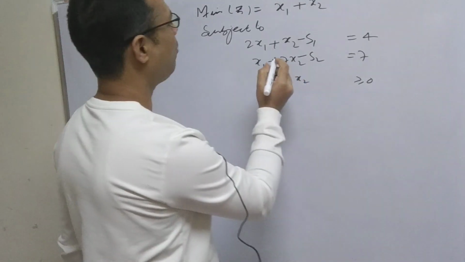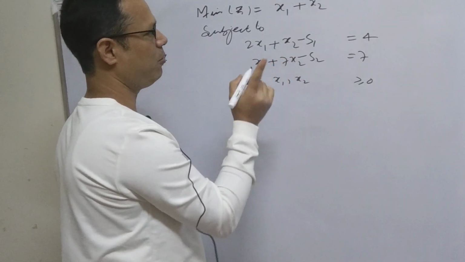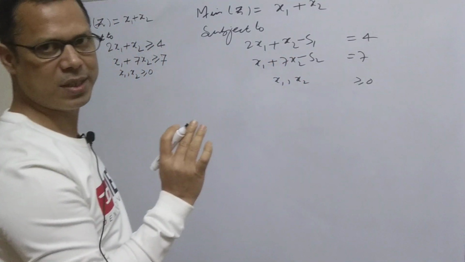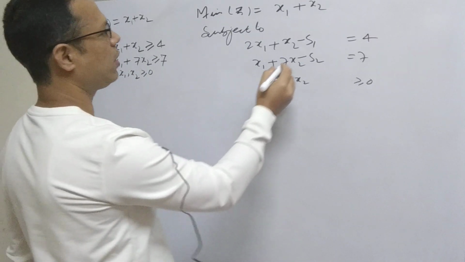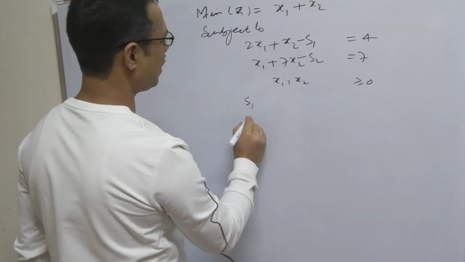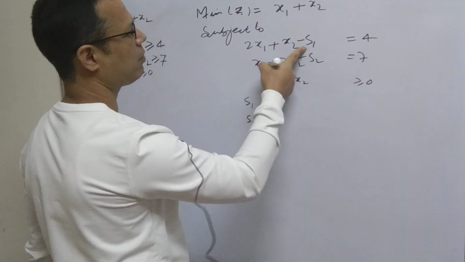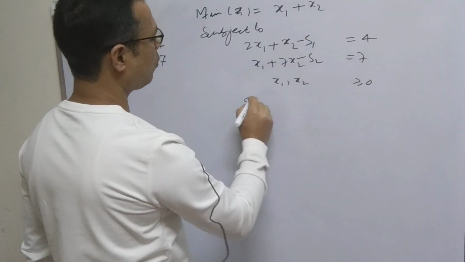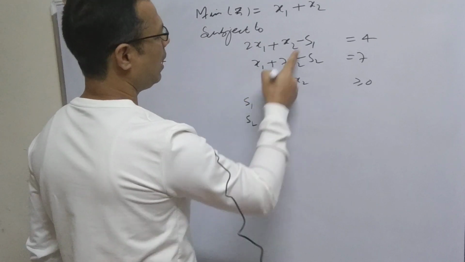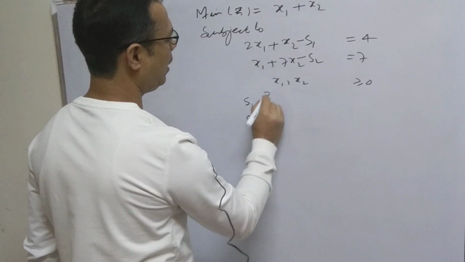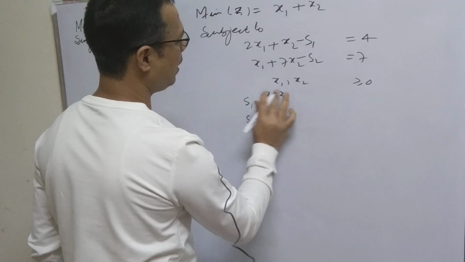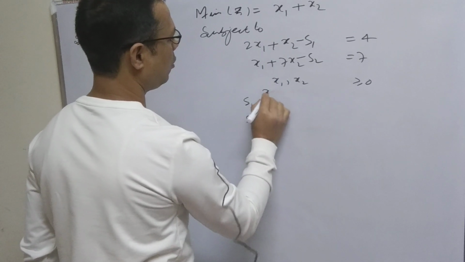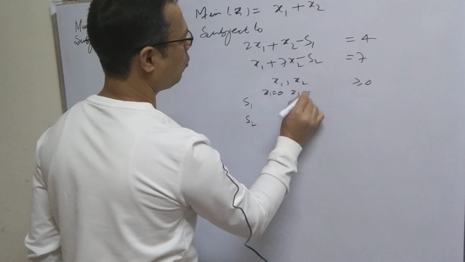Okay, but here is the actual thing we need to see. Suppose s1 and s2 are considered as basic variables. Then x1 and x2 will be considered as 0: x1 is equal to 0, x2 is equal to 0.